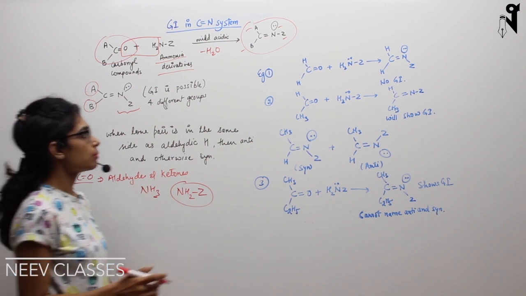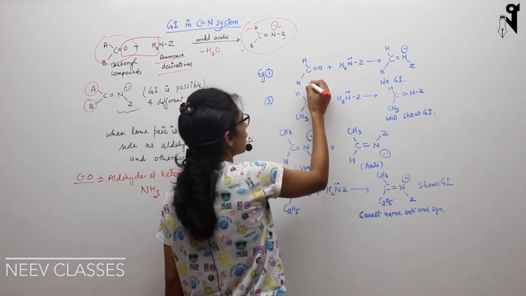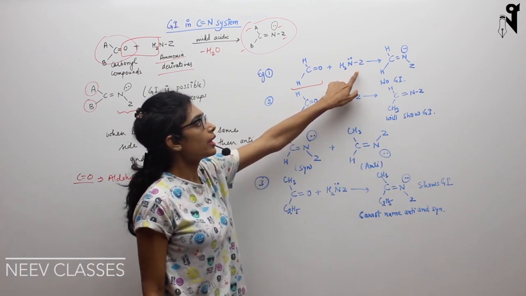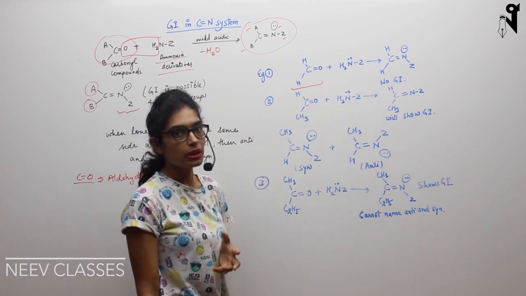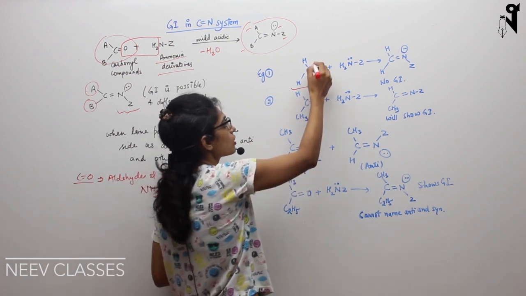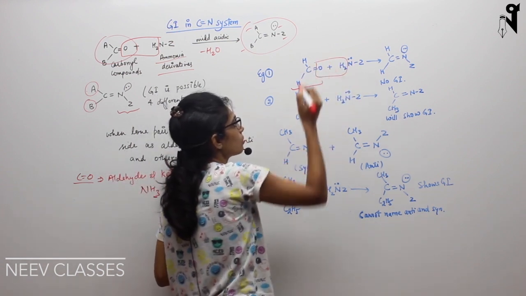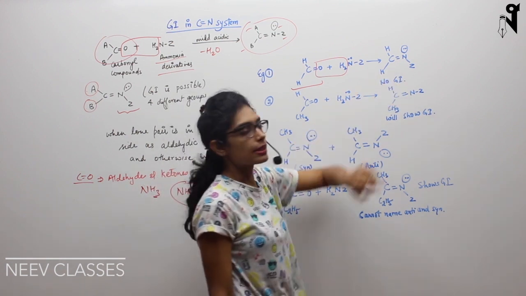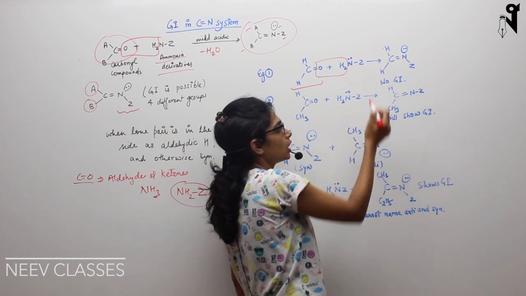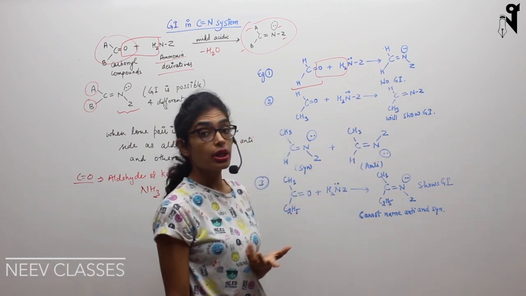Now let's see some examples. I have taken formaldehyde over here and reacted it with H2NZ. Z again, I have not mentioned what group it is. It really doesn't matter because it won't affect the reaction. Oxygen from here and hydrogen from here will go together and form a structure like this. Now, as I mentioned, if A and B are not different, then GI will not happen.